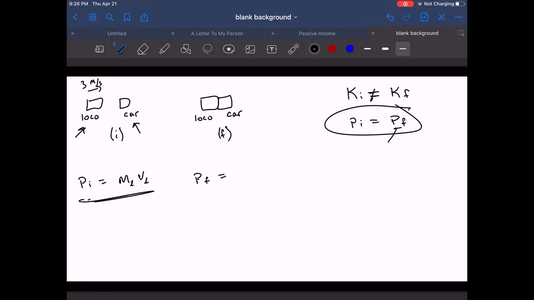Yeah, we have P_i here. So now tell me P_f. What is this in words? It's the final momentum of the system, right? So if we want to find the momentum of the system, we have to add all the momenta together.